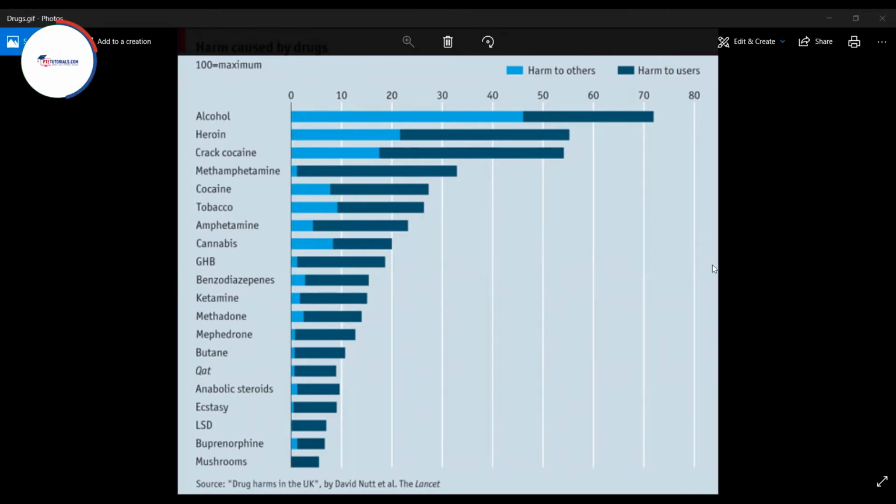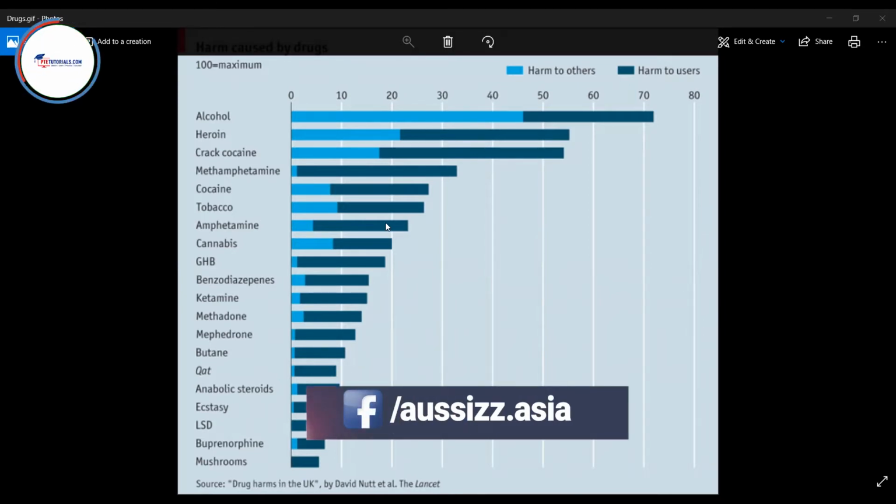As I already told you, it has an x-axis, that is 0, 10, 20. 100 is maximum. I don't know what it is, maybe units.